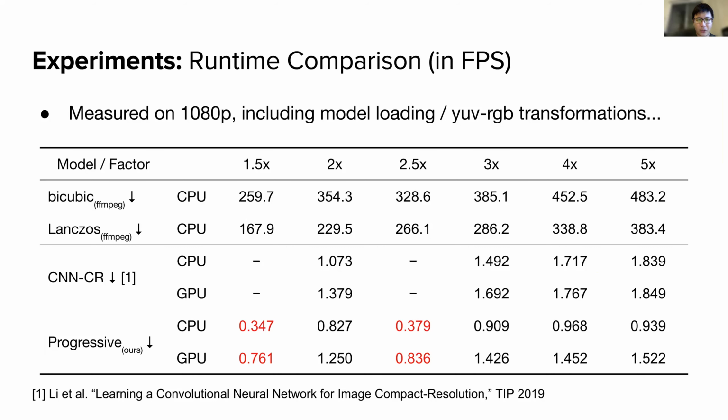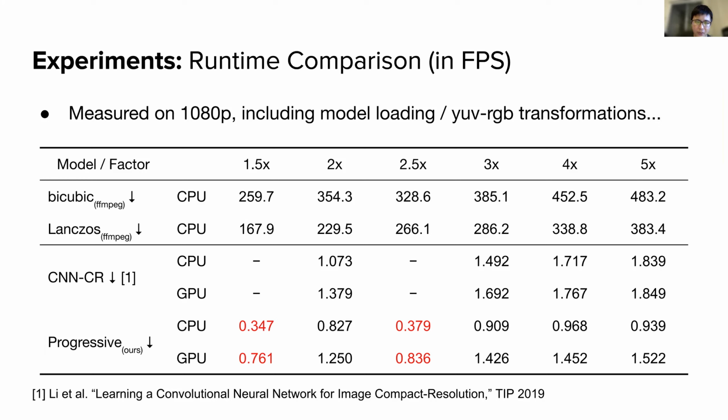You might also be wondering how fast or how slow these CNN models are. We measured the runtime in terms of frames per second on 7 1080p videos on the UGC dataset. We reported the end-to-end runtime, including model loading and color transformation. First, it is obvious that bicubic and Lanczos implemented in FFmpeg achieved real-time performance, which is known and expected.